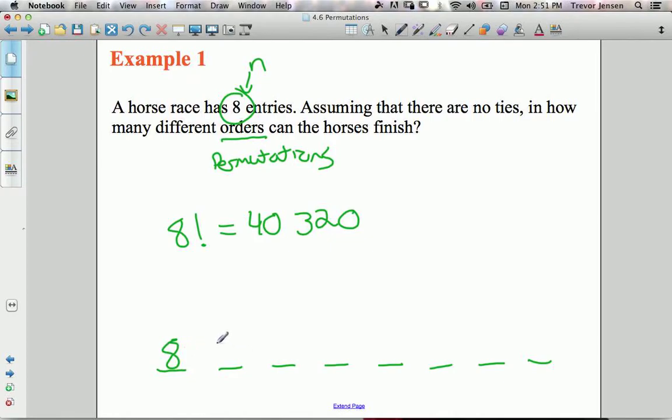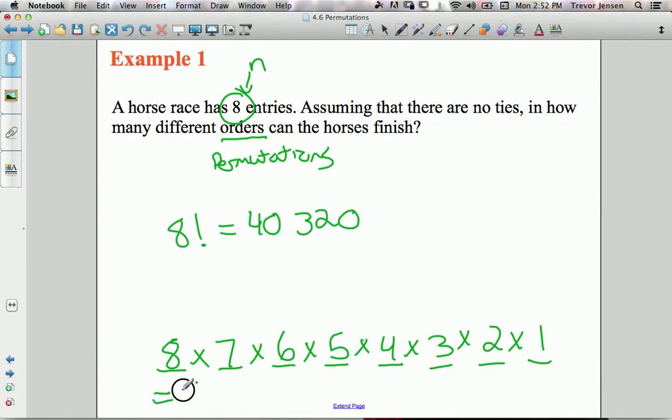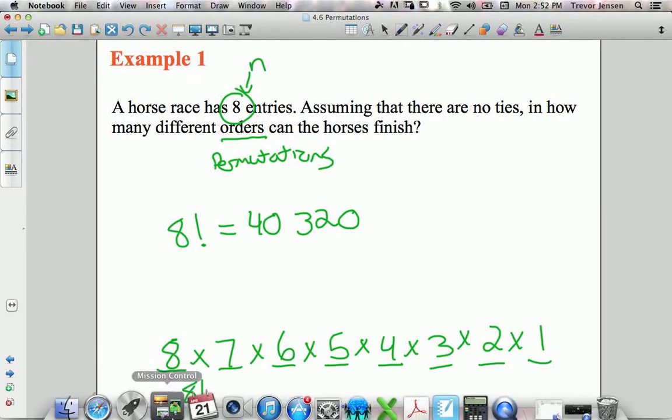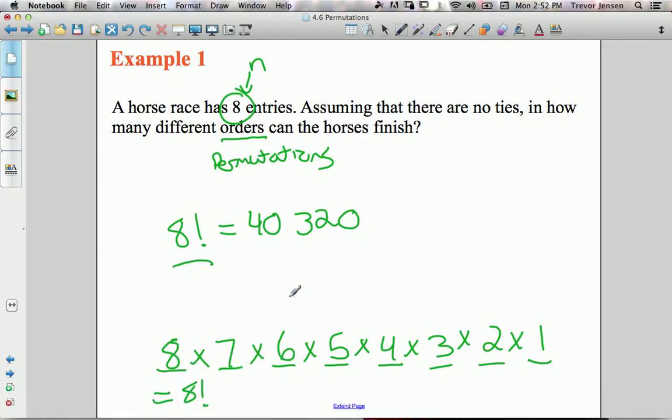That means there are 7 horses left to finish second, and 6 horses left to finish third, and then 5 to finish fourth, and so on: 4, 3, 2, 1. I need to find the product of the possible outcomes in each step of the event. That product tells me the number of possible ordered arrangements, and that's equivalent to 8 factorial. That's why 8 factorial tells us the number of ordered arrangements of 8 objects.